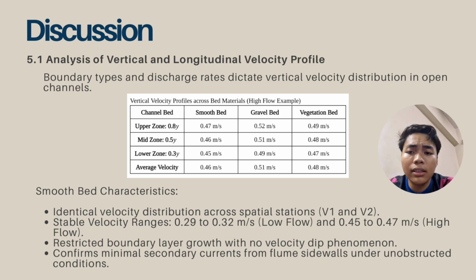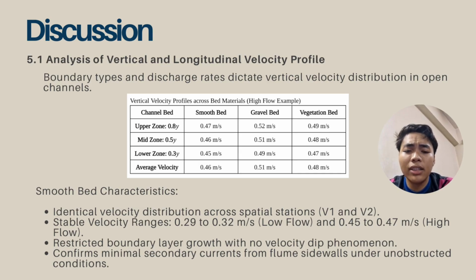Under low flow conditions, the velocity remains tight and highly predictable, staying between 0.29 meter per second and 0.32 meter per second. When we step up to high flow configurations, the flow accelerates uniformly, maintaining a stable range between 0.4 meter per second and 0.47 meter per second.